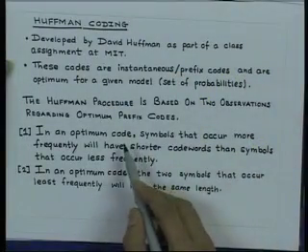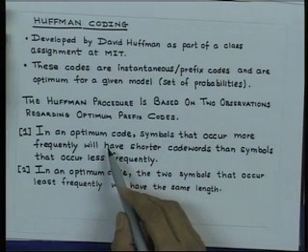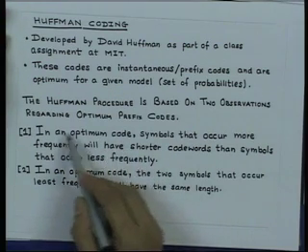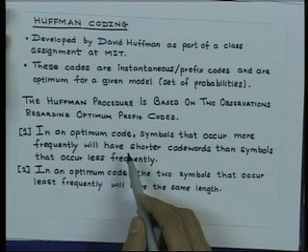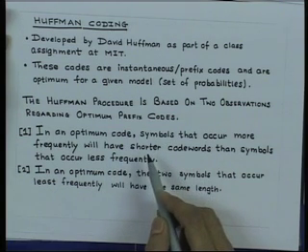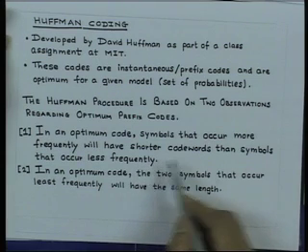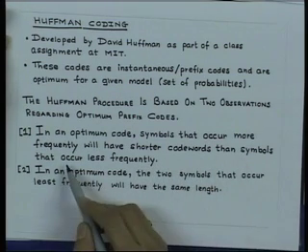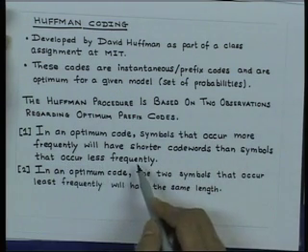Let us look at the first observation. If this were not true, let us assume there was an optimum code where the symbols that occur more frequently were assigned longer code words than symbols that occurred less frequently.